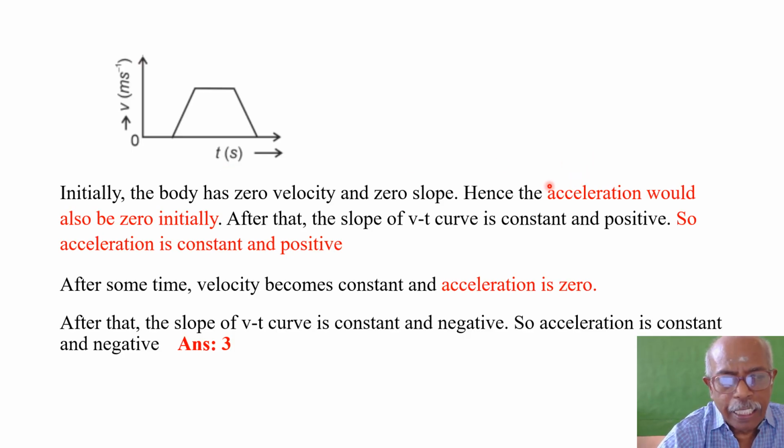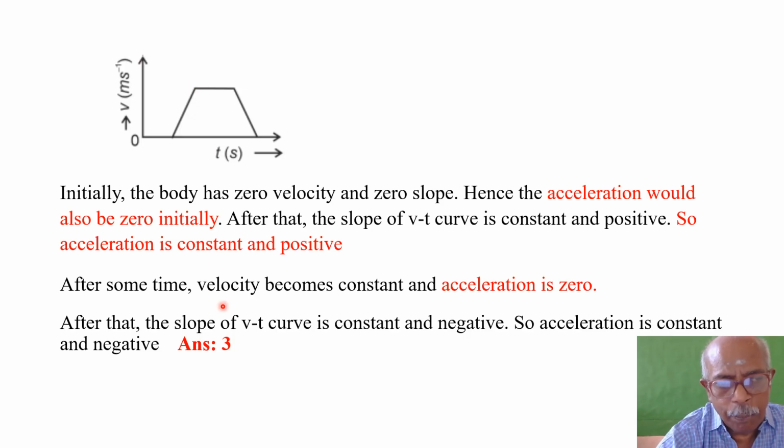So hence the acceleration would also be zero initially. After that, the slope of Vt is constant and positive. So acceleration is constant. When the slope is positive, acceleration is constant and also positive. After some time, you come here.